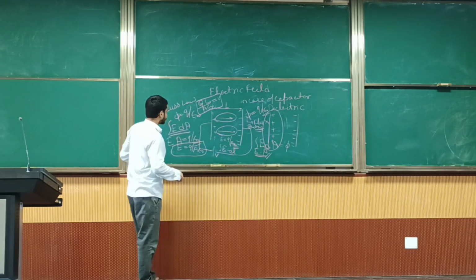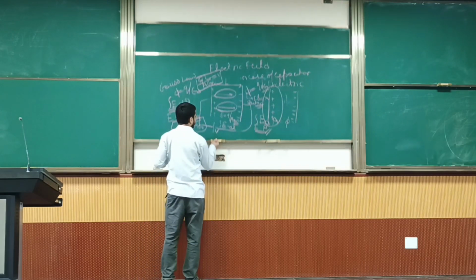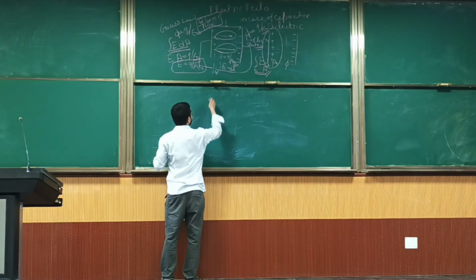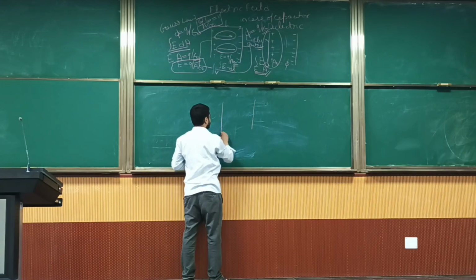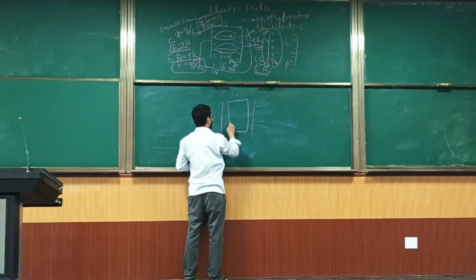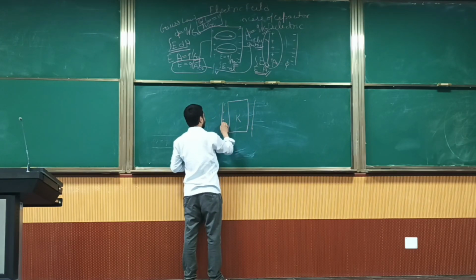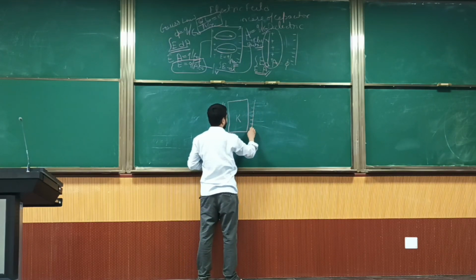And suppose that we insert this dielectric, which has a dielectric constant of K. Suppose this is the positive plate and this is the negative plate.